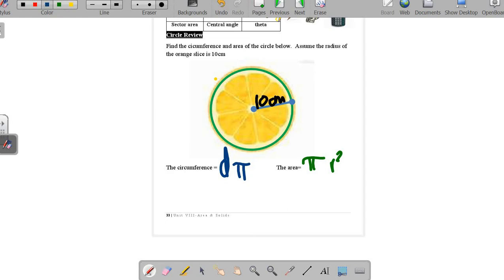Again, when you do diameter, always physically trace your diameter, because your diameter there is not 10, it's 20. So, of course, circumference. And I didn't say exact terms or decimal terms, so you can just leave it right there.